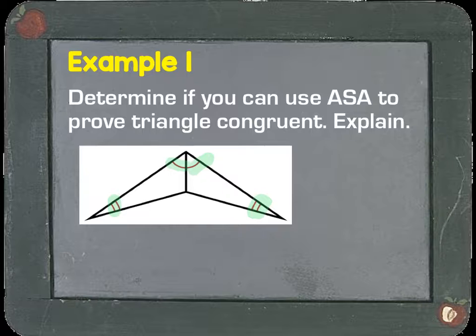And then what? You have the side? I have this side, the reflexive side. Is that the side that connects the two congruent angles? No. These are not congruent. But they're not congruent by ASA. Let's say that, because when we get to the end, you'll understand.